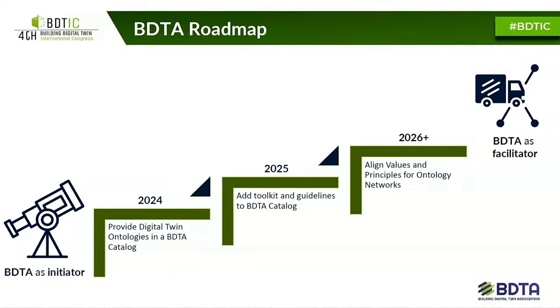So what does this mean? Well, it means that BDTA isn't just a platform where we discuss and where we align together as experts in research projects, but it also means that when someone wants to use an ontology for a digital twin, they will go to BDTA and see whether there is one. So they will search a catalog for ontologies or for a toolkit that helps them to implement these ontologies.